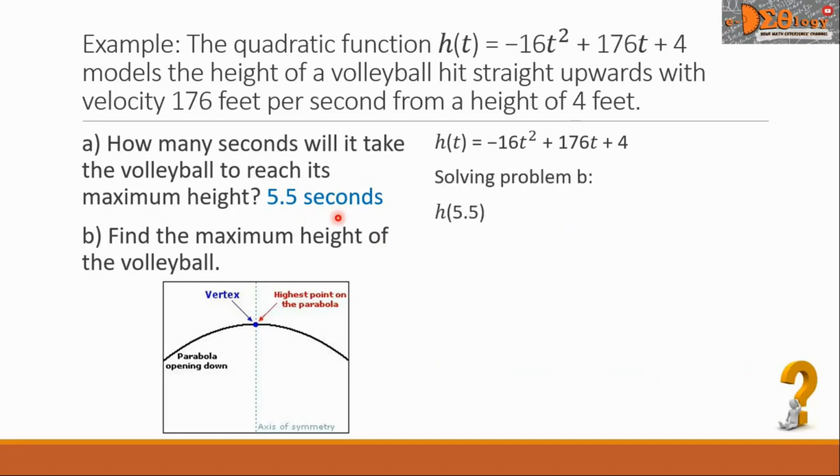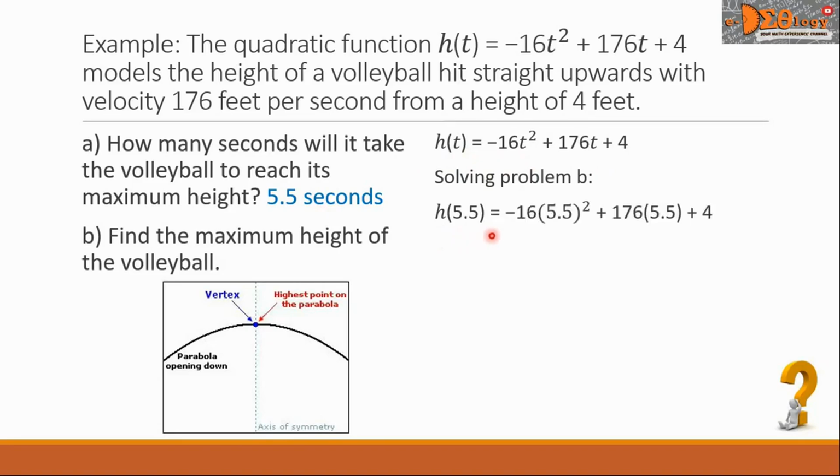Now, let us solve for problem B. In here, what we will do is to evaluate our function using the value of t that we solved from A. So this is h of 5.5. Let us now evaluate our function, and every time we have t variable, we will change by 5.5.